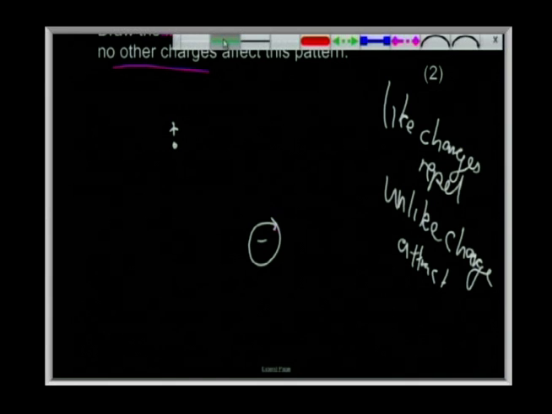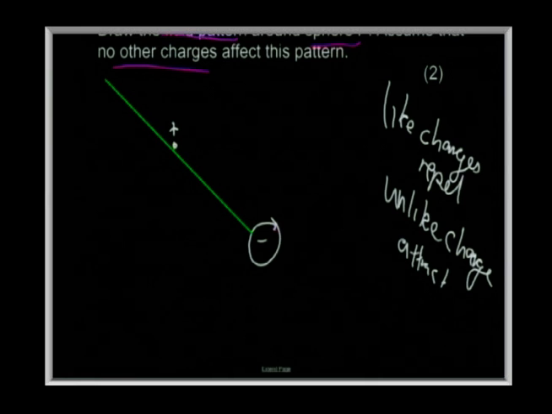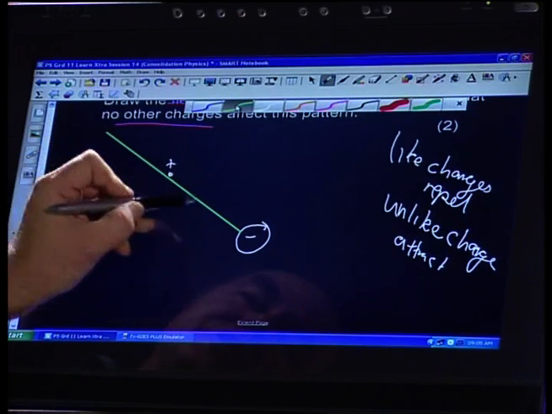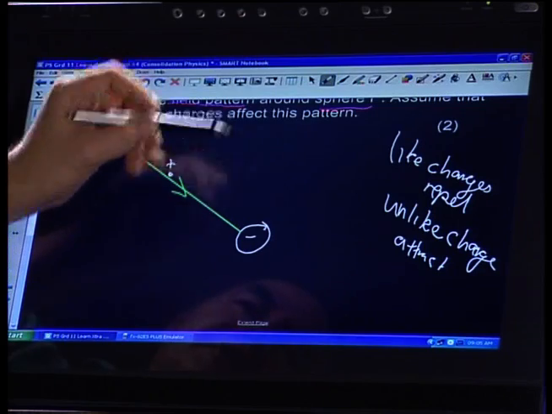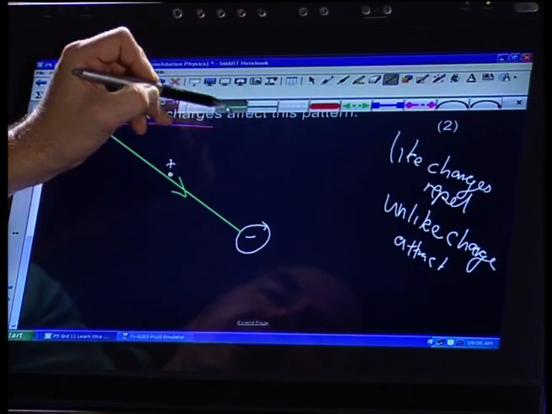So if we do this test charge, what we're going to find is that there is an electric field that radiates out. Straight lines where we draw and say the direction of this field is going to be the direction of the force. So there's a positive charge, there's a negative charge. This negative charge is going to attract that positive charge, so the field line pattern is going to be inwards. We draw the straight lines to indicate how they're moving.